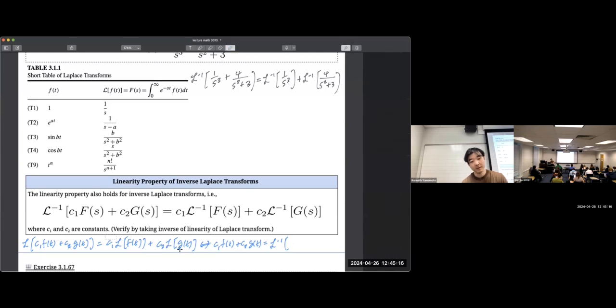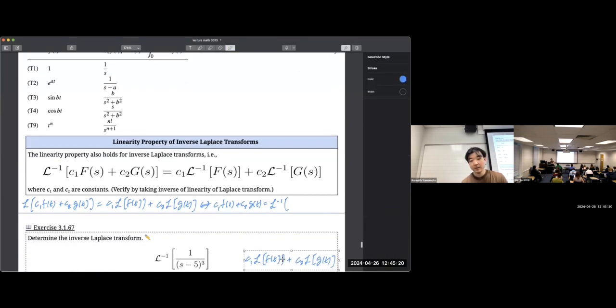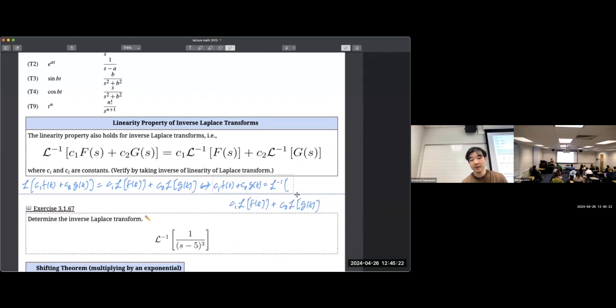I'll just copy this over. All I did was go from here to here: I just took the inverse Laplace transform of both sides.